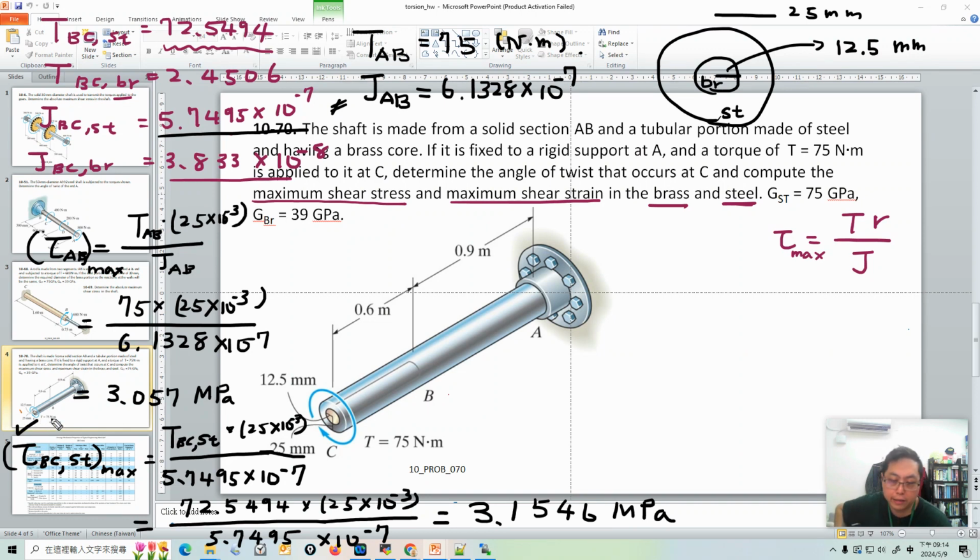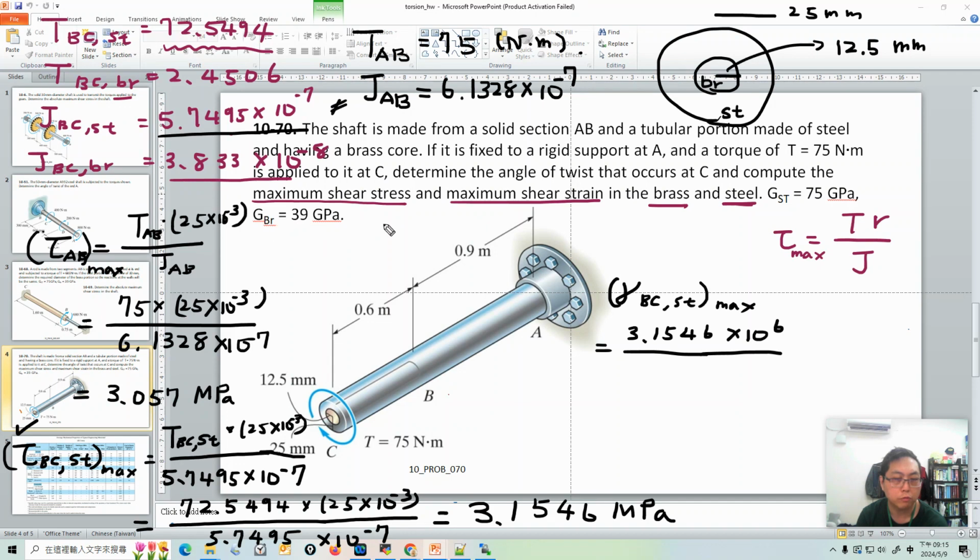Okay, and if you have shear stress, what's the shear strain? Maximum shear strain, let's say it's from the BC part and from steel. You just use the shear stress divided by the shear modulus.